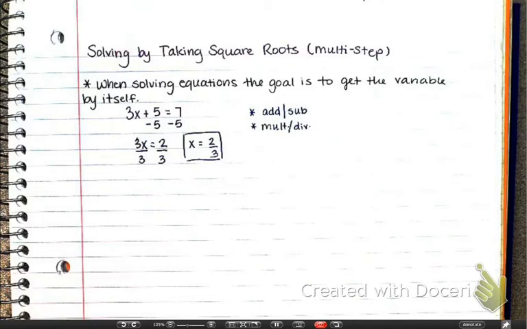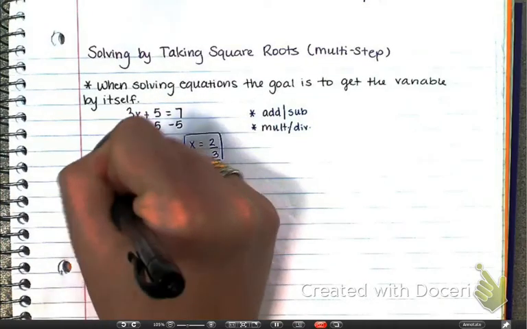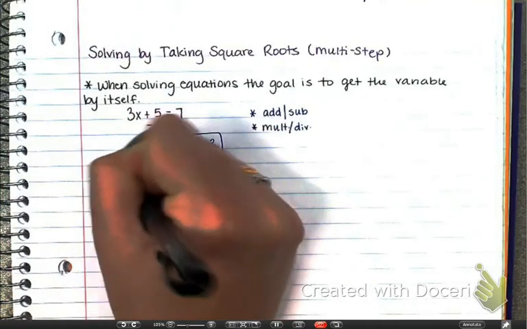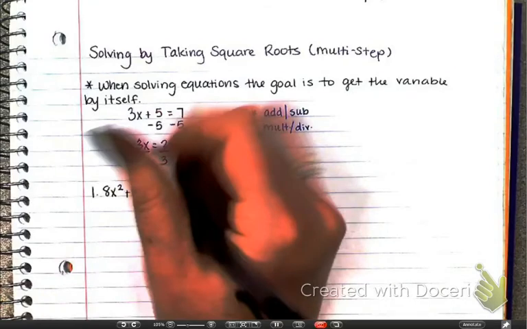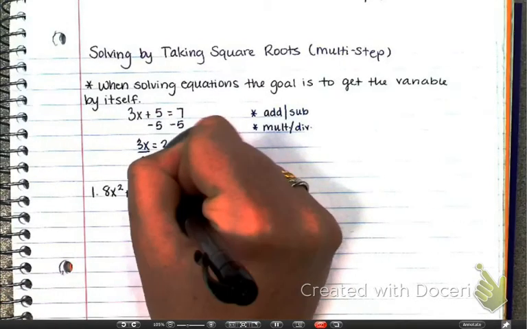Okay, so just like when we're solving basic equations, we're going to do the same thing when we are solving by taking square roots. So let's look at 8x squared plus 6 equals 542.